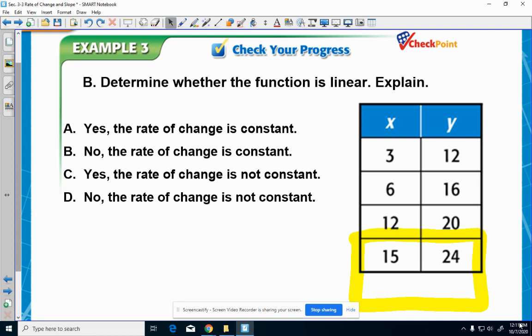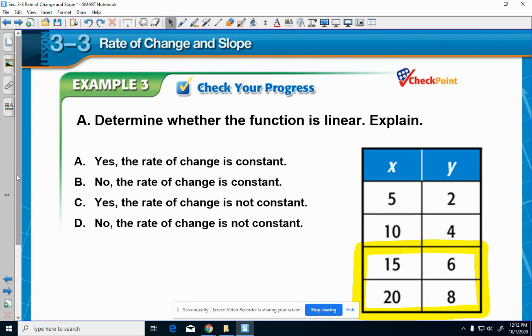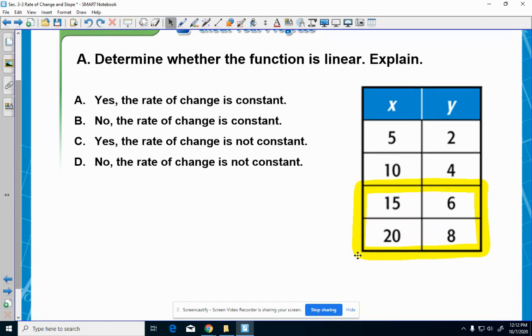Maybe the next one's 4 over 6. Maybe it's 10 over 40. I don't know, right? We don't know where that's at. Whereas if we come backwards and I ask you, do you know what the next ordered pair here would be? And the answer should be the same every time, 10 over 25. Because it did the same thing every single time. It was 2 units on the y and 5 units on the x. Are you all with me on that idea?